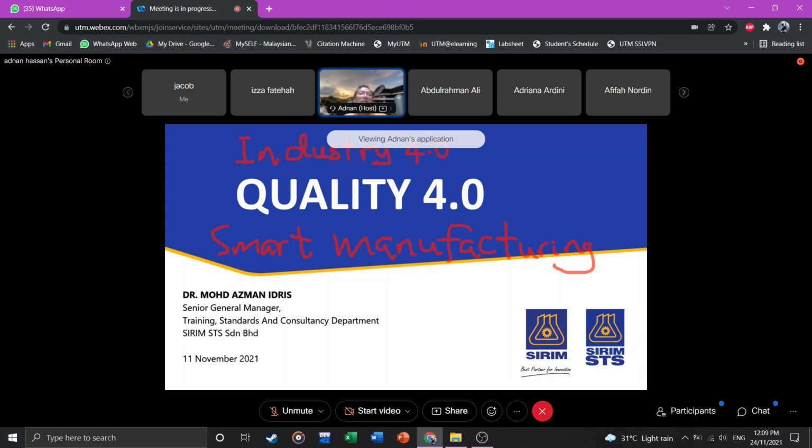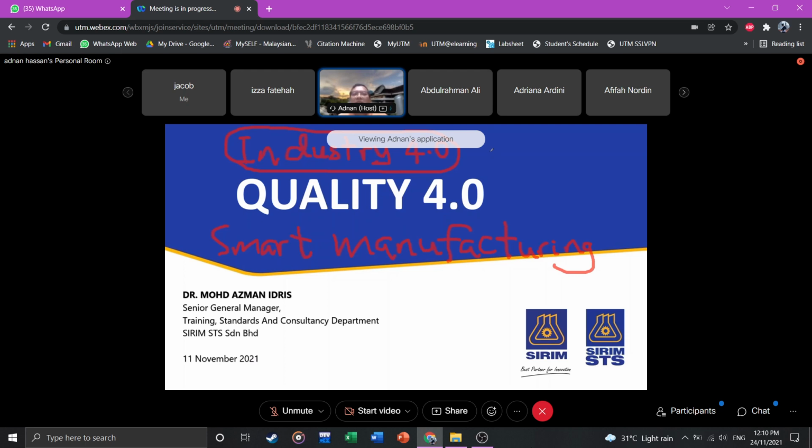Okay, so we have Industry 4.0. Okay, before that we have Industry 1.0, Industry 2.0, Industry 3.0, Industry 4.0 now. In fact, people are talking now 5.0 and so on. This is just a label, classification.